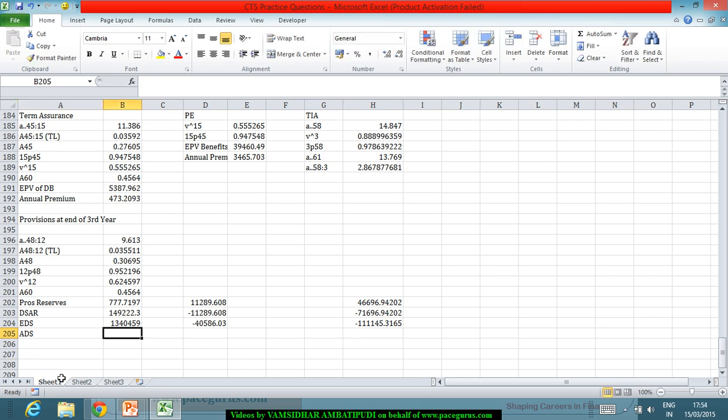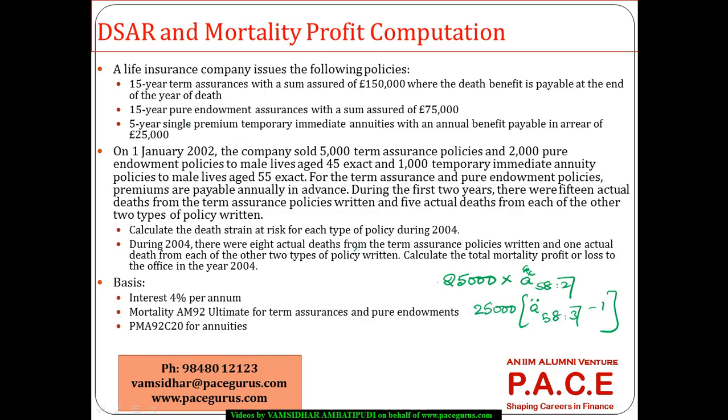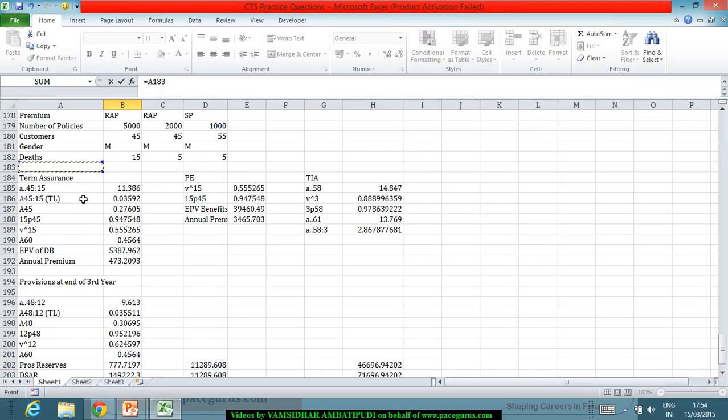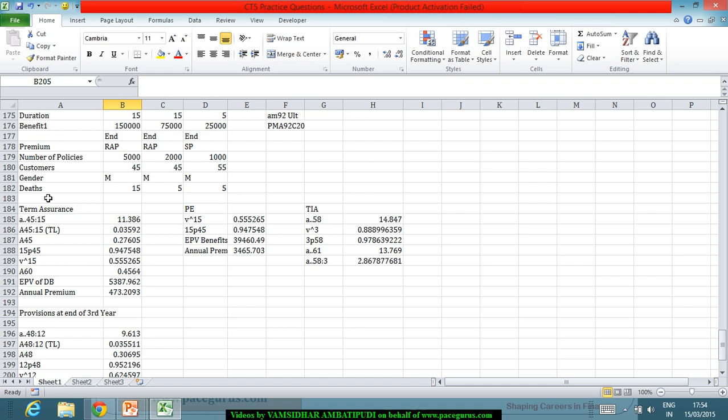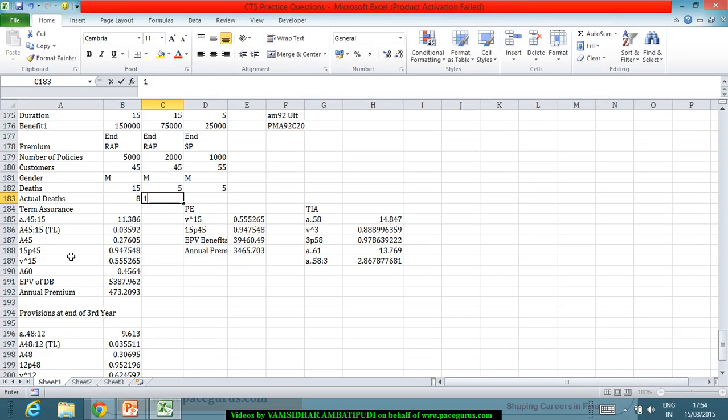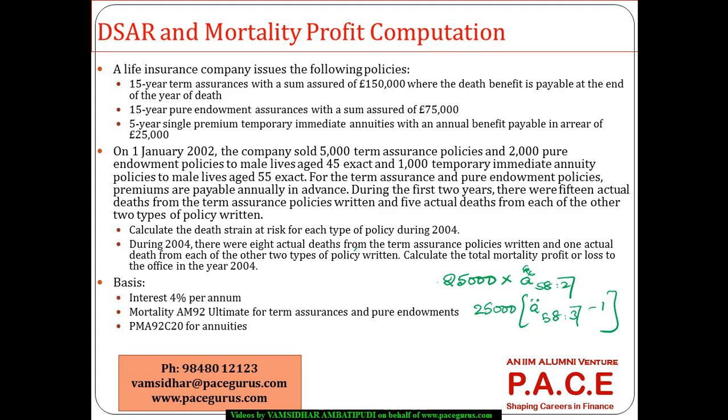Now I'll find out the actual death strain. During 2004 there were 8 actual deaths, so here I'll also put the actual deaths. These are until the previous year. The actual deaths: there were 8 during this year from term assurance, and 1 actual death from each of the other 2 kinds of policies.